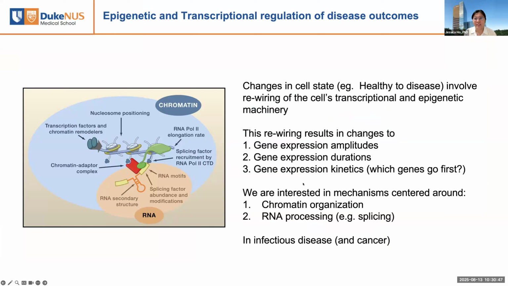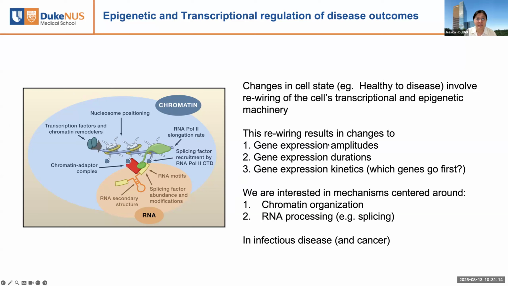To put things in context, I'm particularly interested in understanding how cells regulate their transcriptome and their epigenome, especially in response to environmental stress and transitions between cellular states. The reason why I'm interested in this aspect, like the transitions from healthy to disease states, is because during these transitions, both the transcriptional and epigenetic machinery must be rewired.